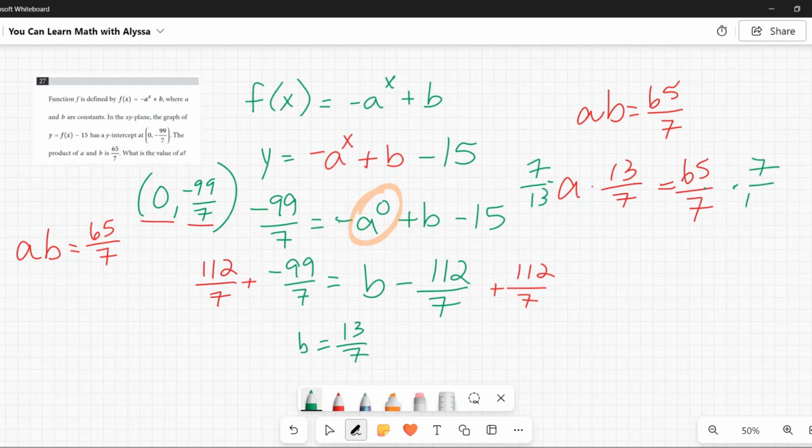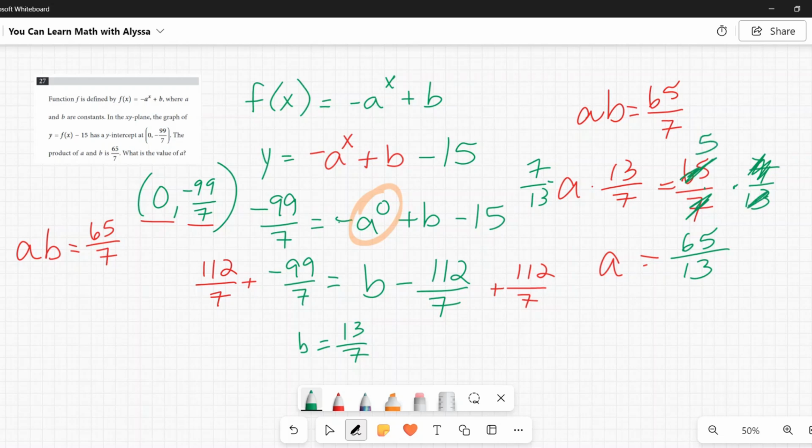I'm multiplying by 7/13. So over on the left-hand side, all I'm left with is a, because the 7/13 and 13 sevenths cancel out. On the right side, those sevens cancel out, and I am left with 65/13. Or it could have canceled again if you happen to know that 65 divided by 13 is 5.